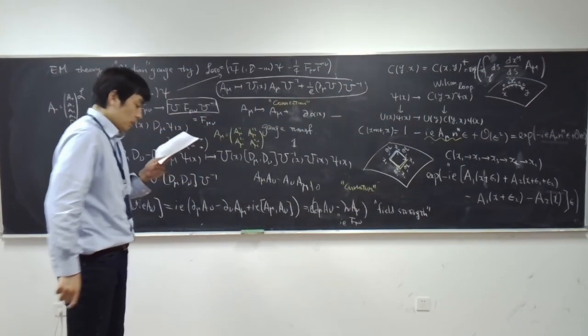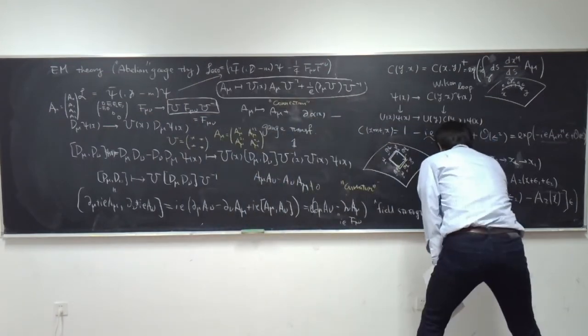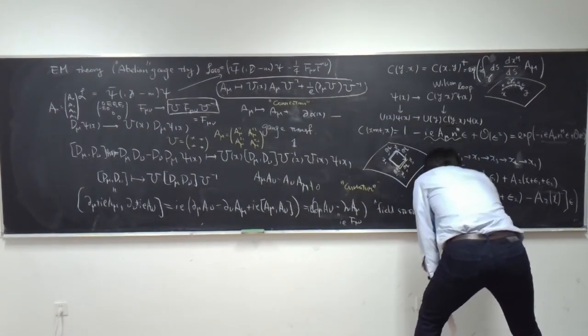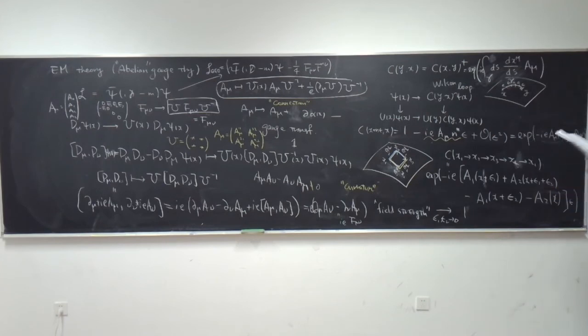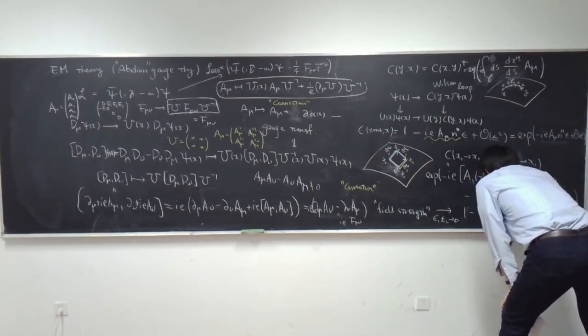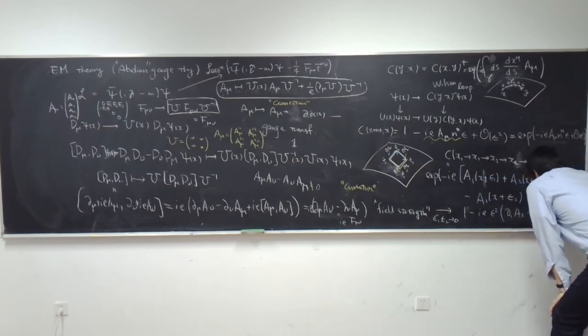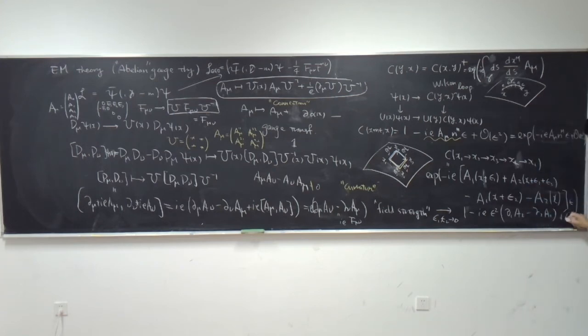Take the Taylor expansion as epsilon 1 and epsilon 2 go to 0, and this will give you something like minus i e epsilon squared times (partial 1 A2 minus partial 2 A1) plus order epsilon squared. So that's what you get.